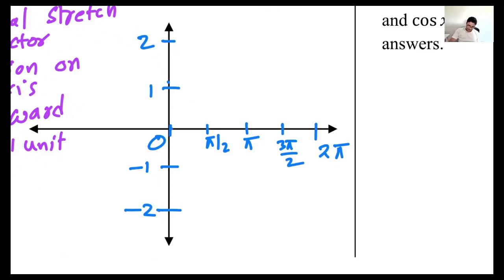And your graph of cosine, let me do that dotted, would be at 0 it is 1, at pi over 2 it is 0, at pi it goes to -1, 3 pi over 2 back to 0, and at 2 pi back to 1, right? That's the graph of cos x, the fundamental period.